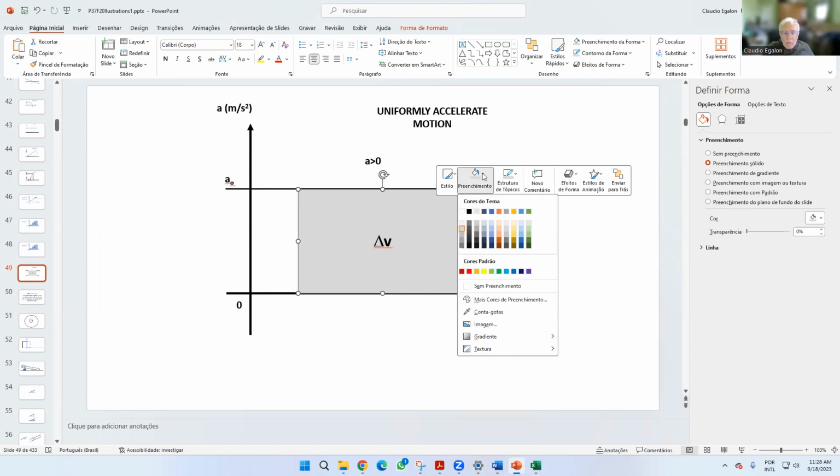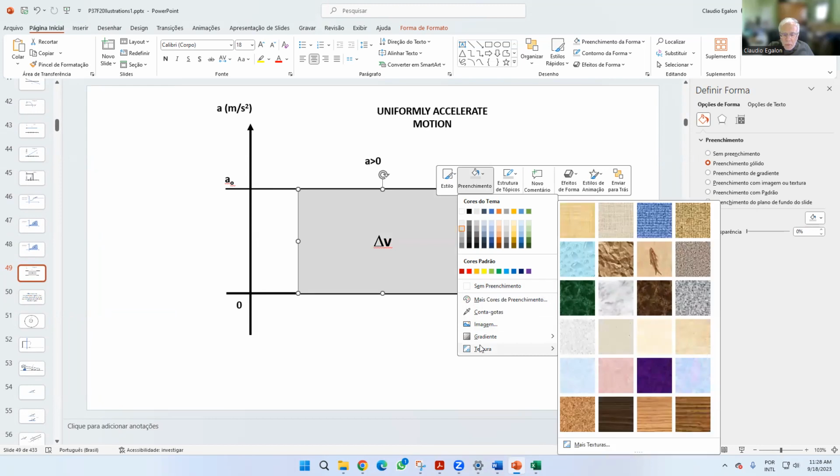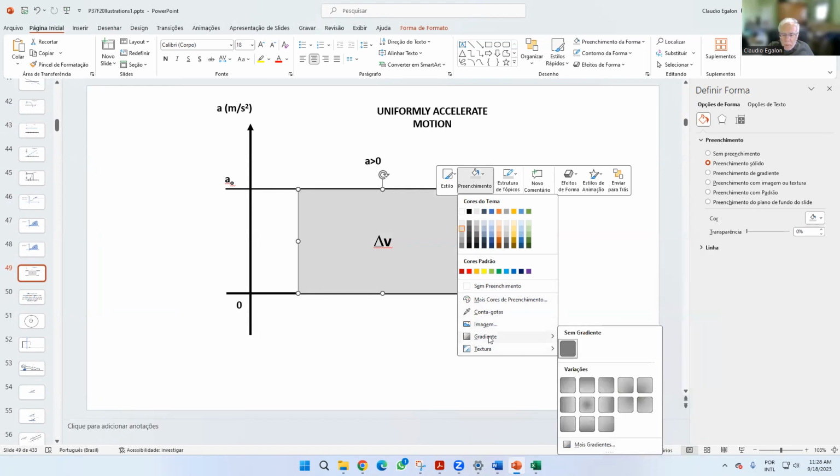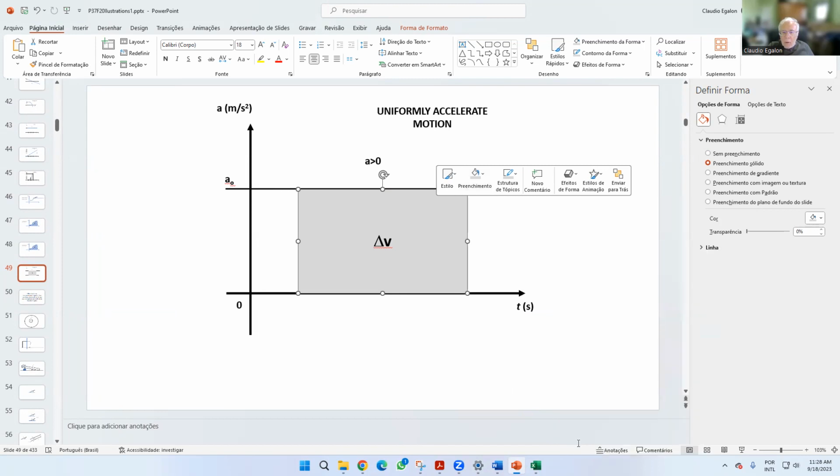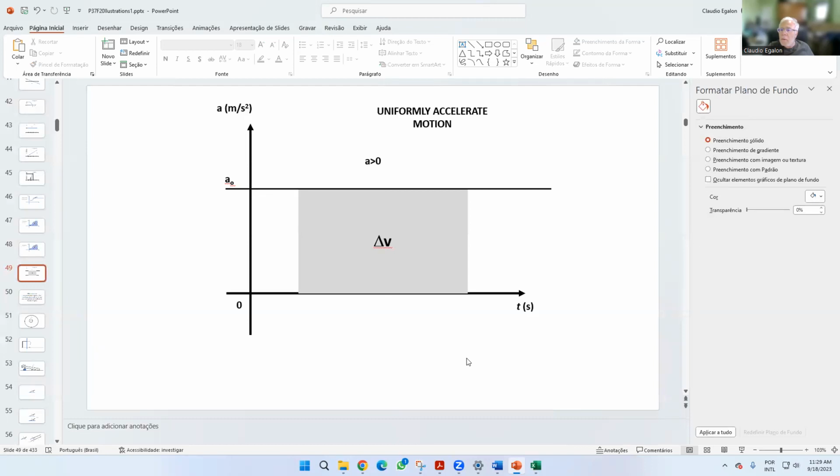Texture, gradient. Nope, they don't have it. Strange.